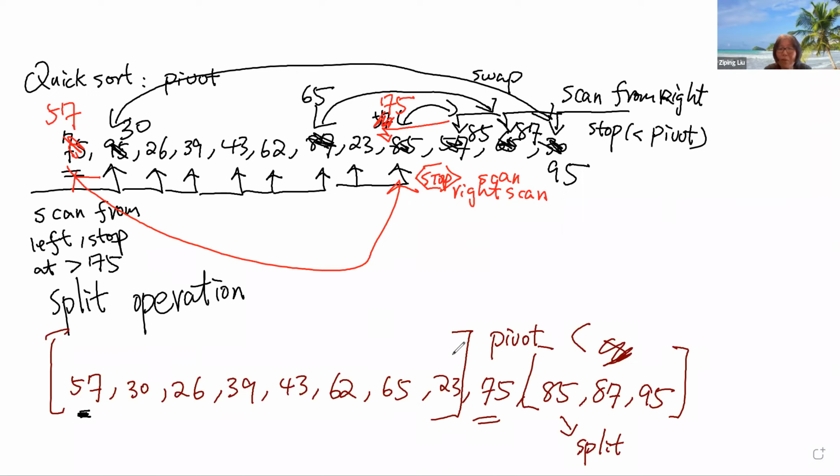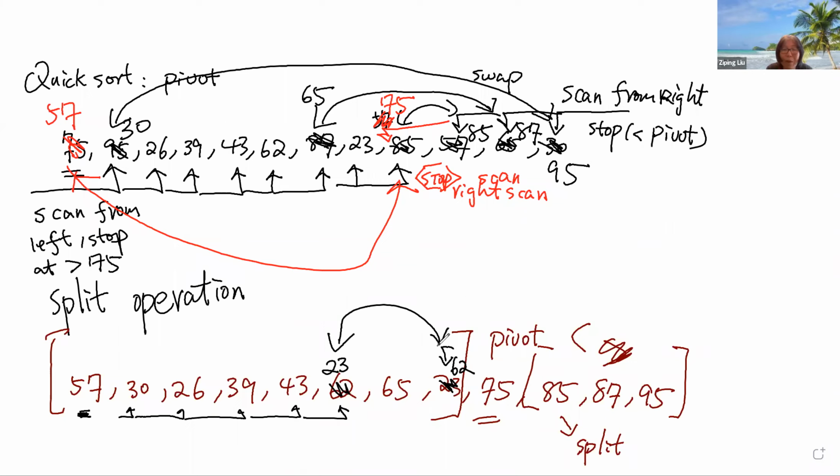Then I'm going to start the right scan, so I stop, and then the left scan. 62 is greater than 57, so I need to swap these two numbers. So here is 23, and here is 62.